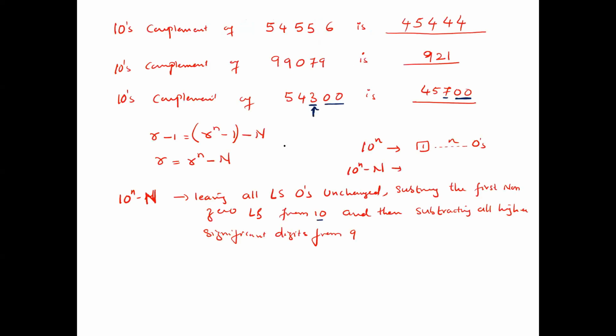Or you can just follow this statement. So what is that statement? If you have least significant zeros, retain them as they are. So I'm going to write the tens complement in the red pen.